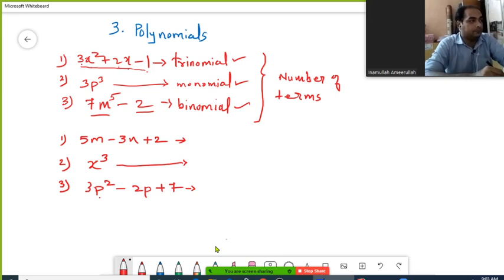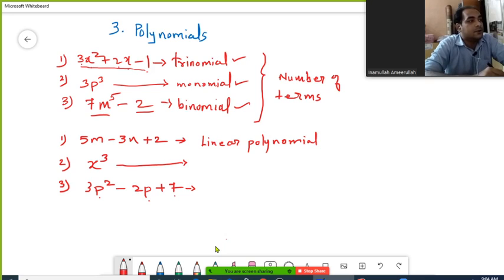Sorry, this p has power 1, and this 7 has power 0. So these are three terms where the highest degree is 2. So this can be called linear polynomial, because this polynomial has highest degree as 1.